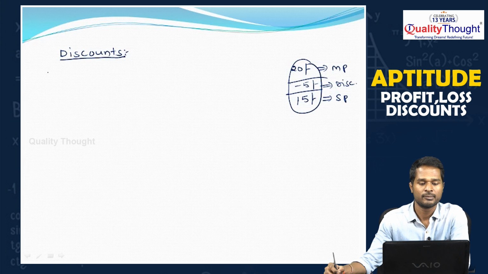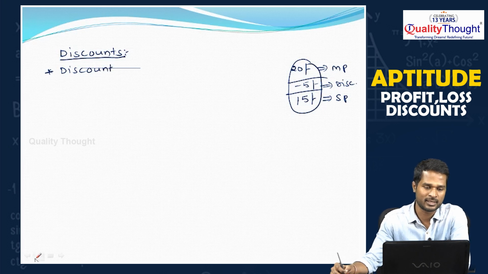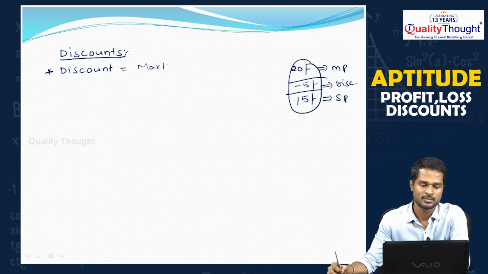So, the value deducted from the marked price is the discount. Discount is equal to marked price minus selling price. This is how we calculate the discount.